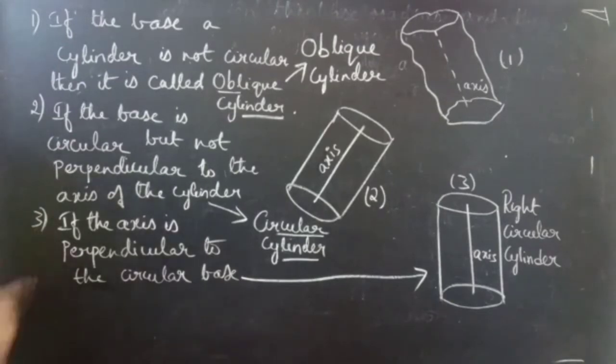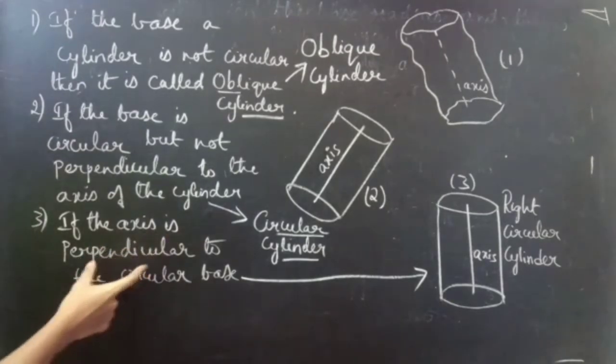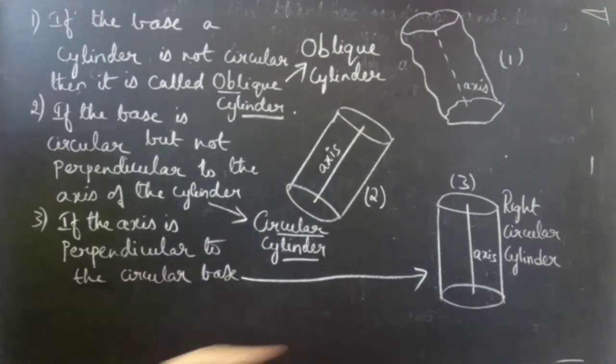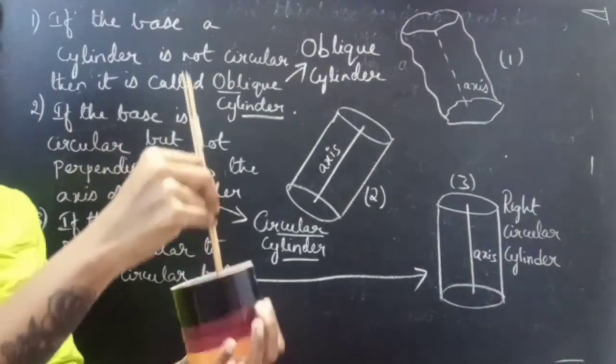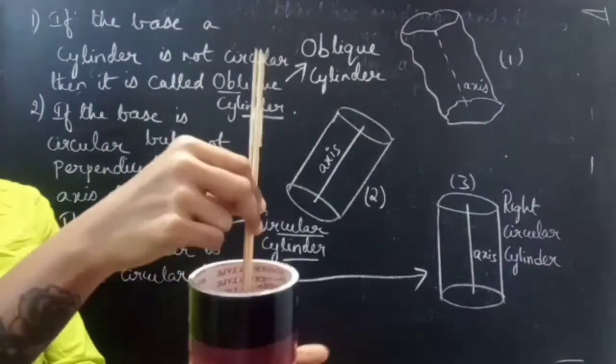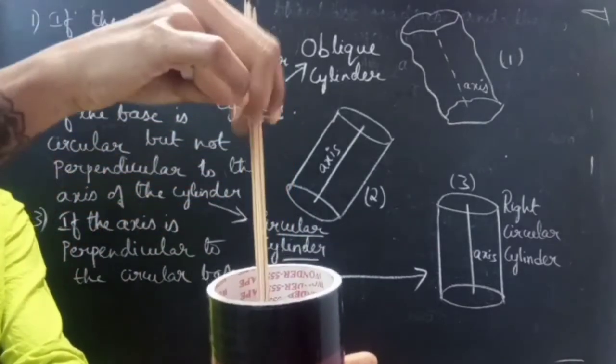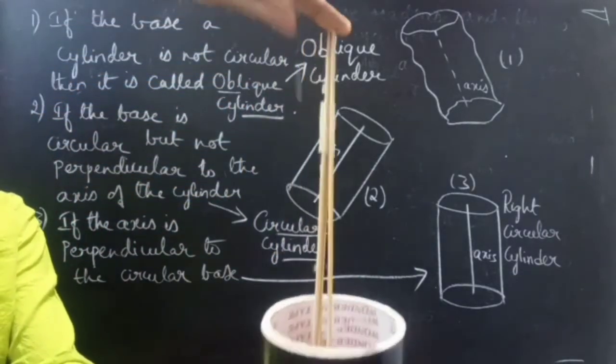Coming to the third one, if the axis is perpendicular to the circular base, then the cylinder is called a right circular cylinder. If the circular base is exactly perpendicular to the axis.